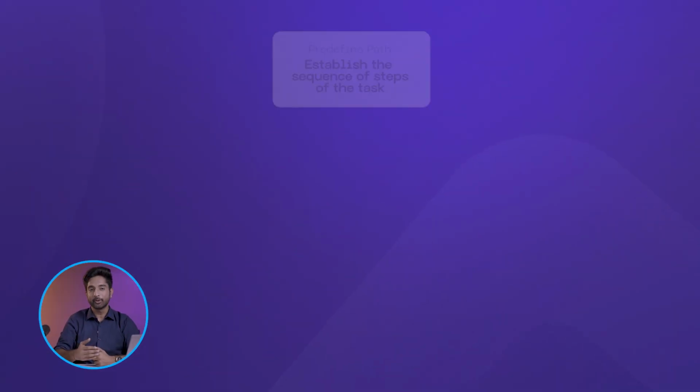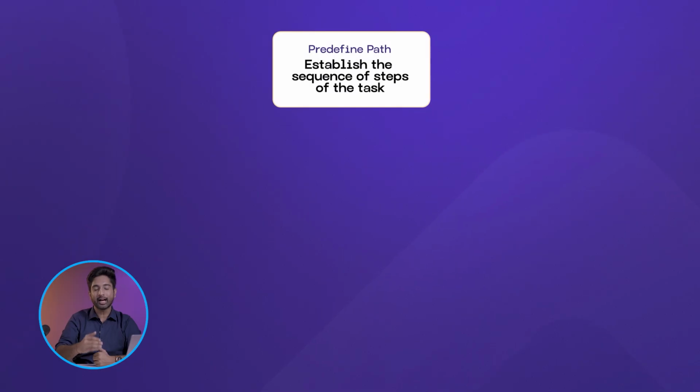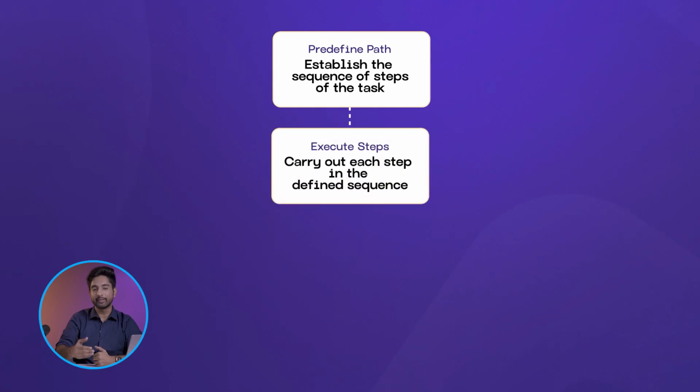So in those particular scenarios, we have another AI system that we can use that is called AI workflow. In a workflow, you predefine the path the task has to take. So you strip away the complexity of LLM deciding what to do next. Instead of that, you define the path that should happen. And one by one, each of the steps is executed.